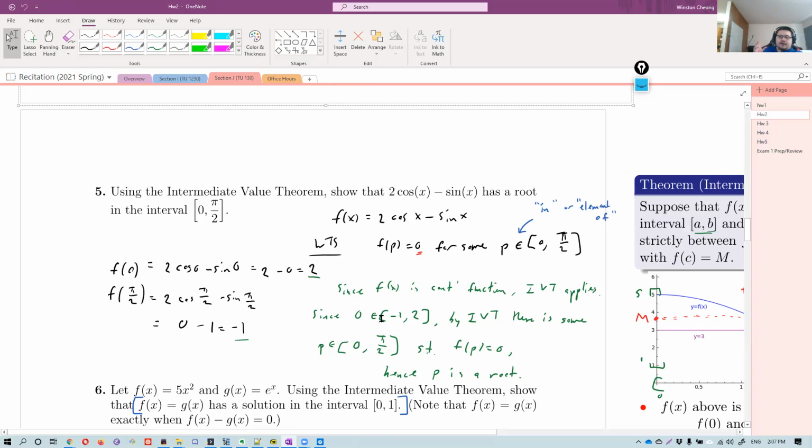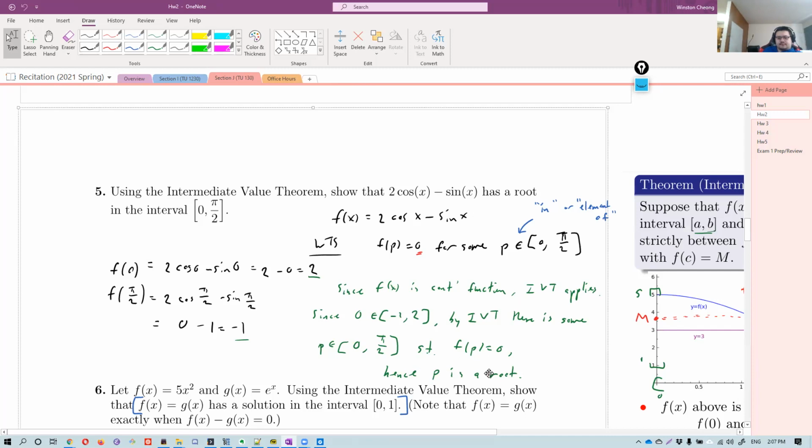Great. That, combined with the fact that the function is continuous, which we always have to check, means IVT applies. And not only that, but there is some value in this specified interval such that the function f of x will take on the value 0 that we wanted to show exists.